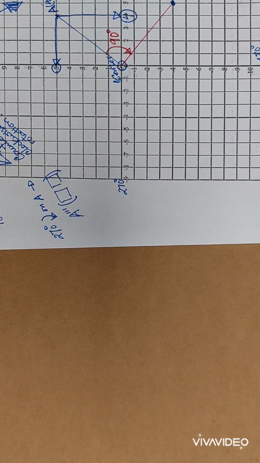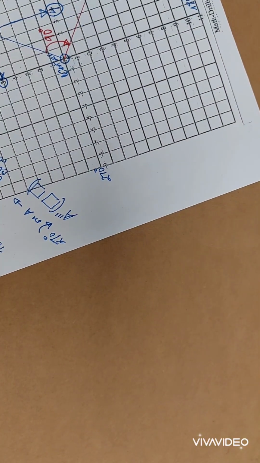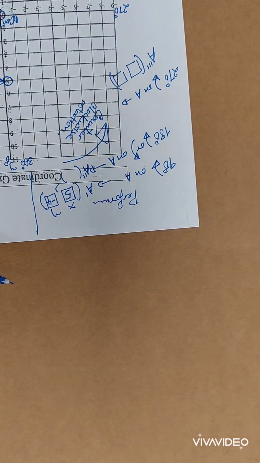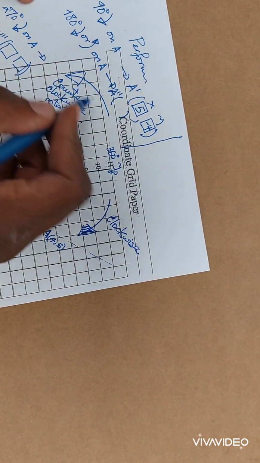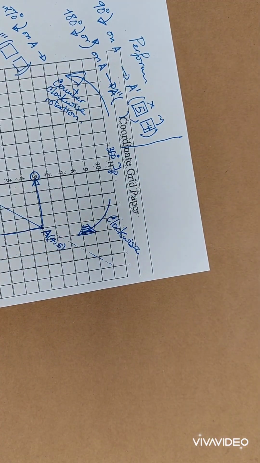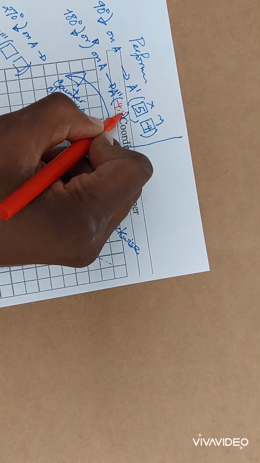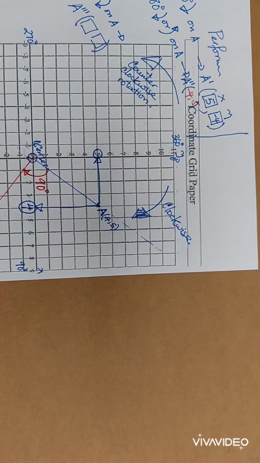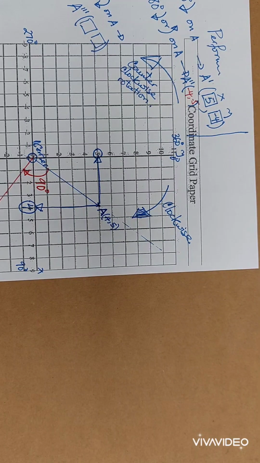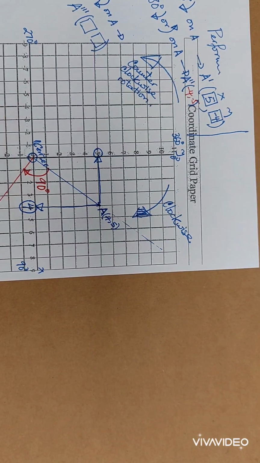Okay, so after 180 degrees rotation, I get coordinates -4, -5. So I can turn my coordinate grid back to the original position, and then I plot -4, -5 right here. This is where A double prime will be.